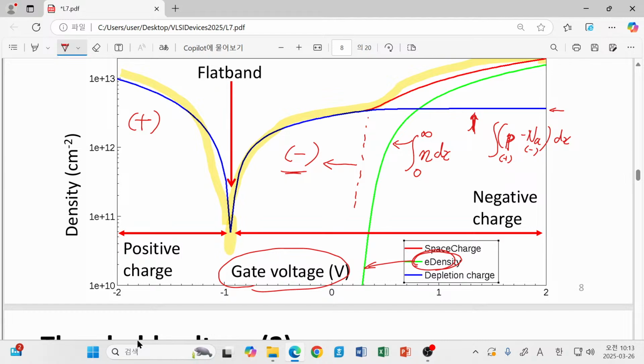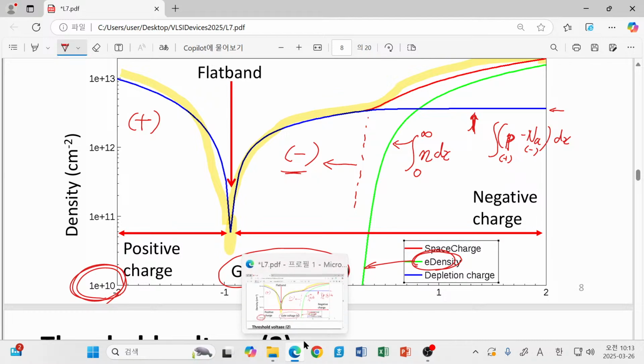Question is, is it really 0 or not? No, it's not 0. But where can you find it? Because we are just limiting our lower y limit to 10 to the 10. That's the reason why we don't have any contribution. Even for this case, we have extremely small values for our electron contribution. But this is really negligible.